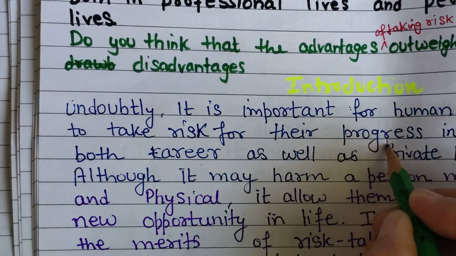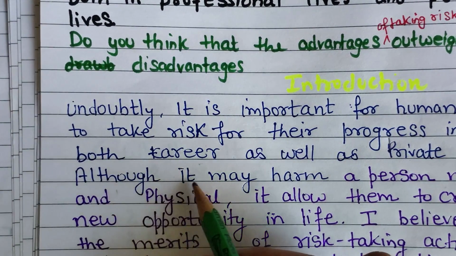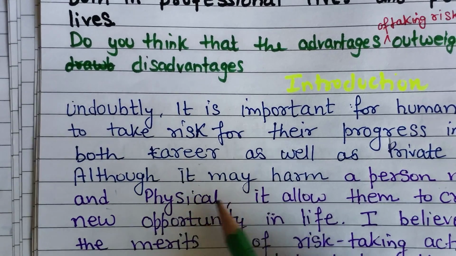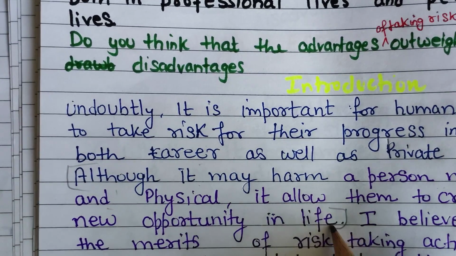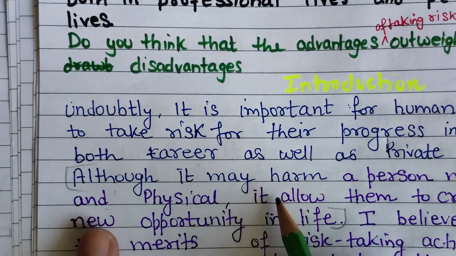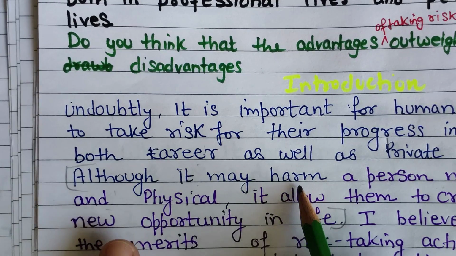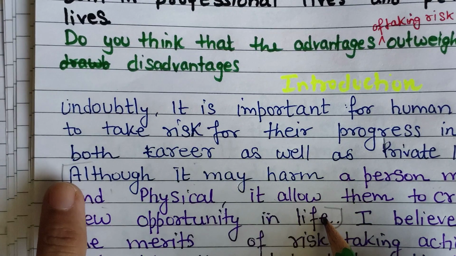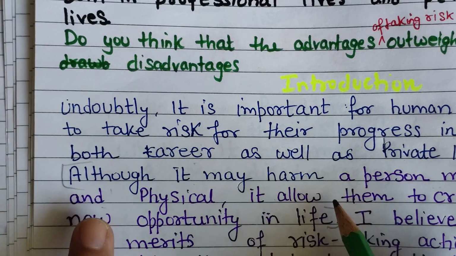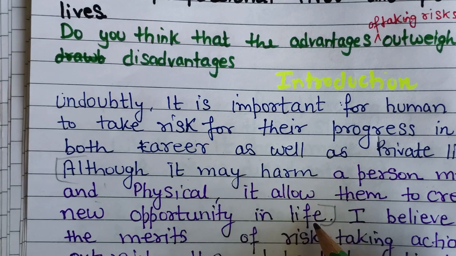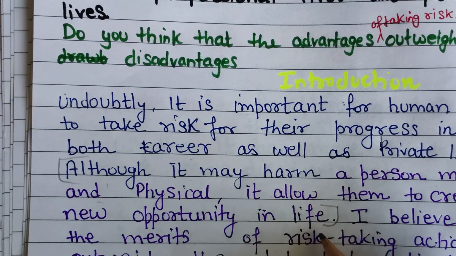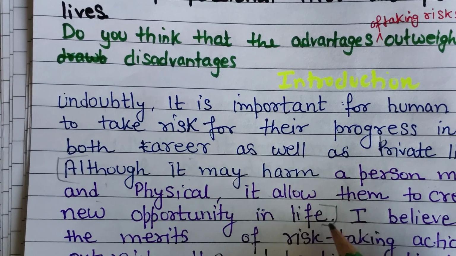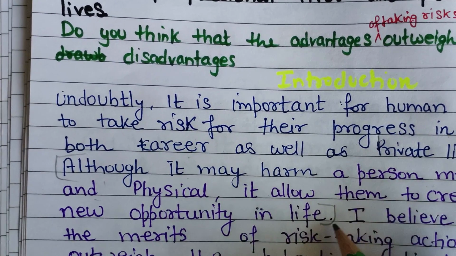Okay, so P is small. Although it may harm a person mentally and physically. So why am I writing 'although' here? I am giving the reason, telling the points I am going to discuss. This way you can always tell the examiner that I am going to write these points, or you can just write it into the statement like, this essay will discuss the benefits of this.